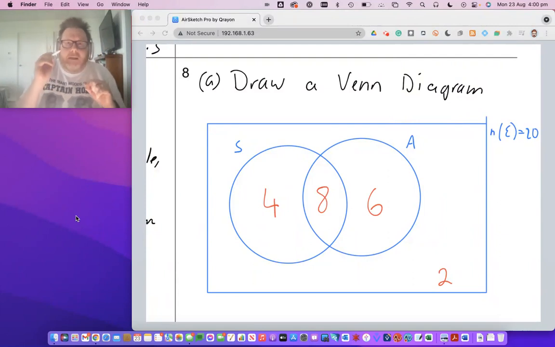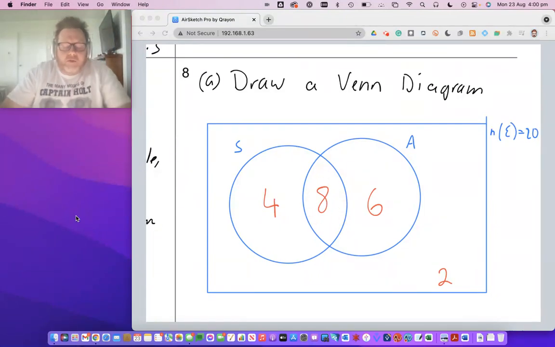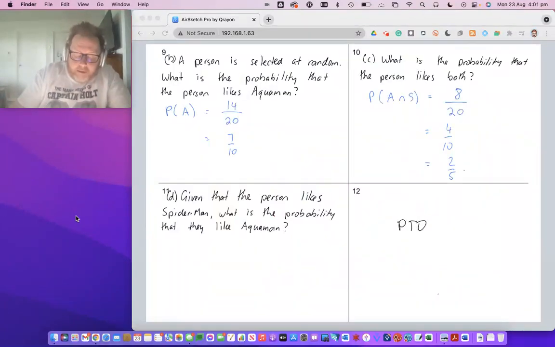Now, what's the probability that when I pick someone at random from that 12, I'm going to get someone who likes Aquaman? What did you think? The answer is staring at you right in the middle there. These are the 8 people who would still be standing up from being a Spider-Man liker, but also like Aquaman as well. So 8 out of the 12 would like Aquaman, and that becomes our conditional probability.